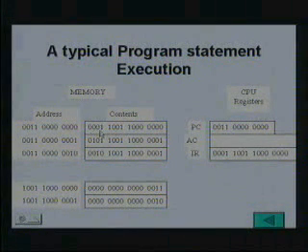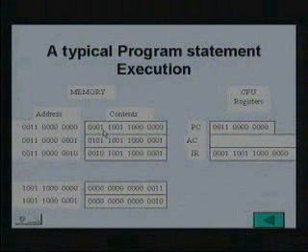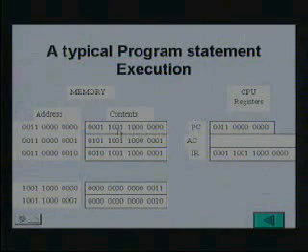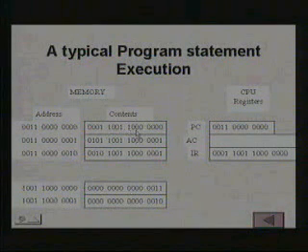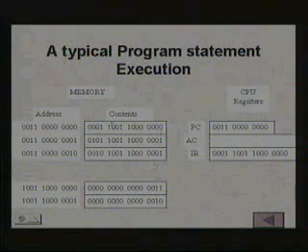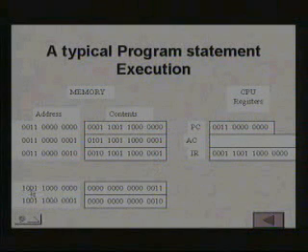Now let us explore further what the contents of these memory locations are. You can see 0001, which was basically the load instruction, load accumulator register, followed by the address. Now you visualize the address, I am reading it for you: 1001, 1000 and 0000, and fortunately that happens to be the address of this particular location.